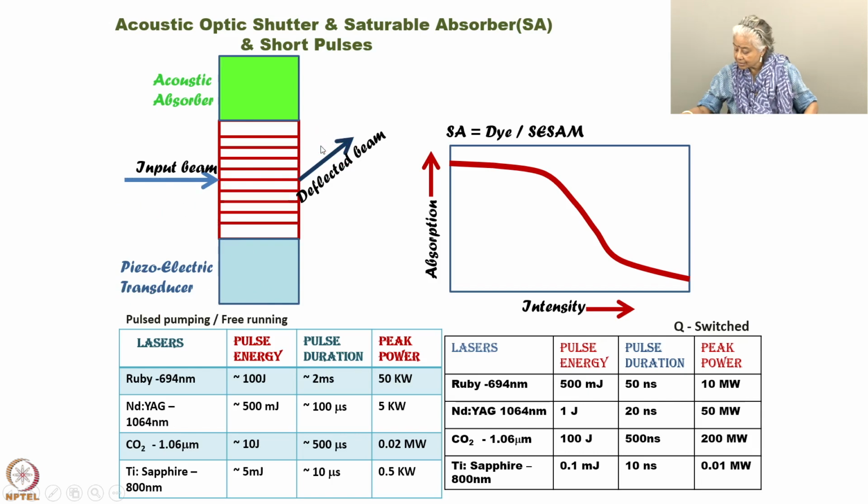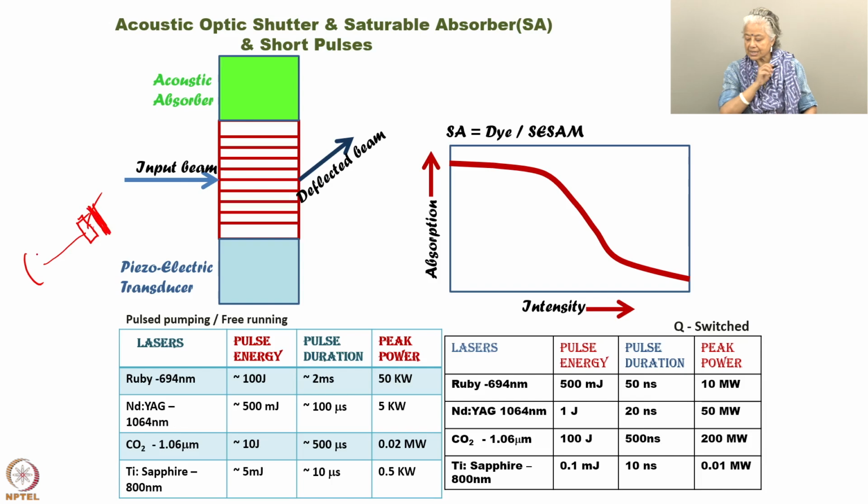Okay. And here this transducer is placed within your resonator. So, suppose this is the resonator and your shutter is here, as shown before in the previous slide. So, your light is coming in here and it gets deflected off and does not reach this rear mirror, this mirror here.